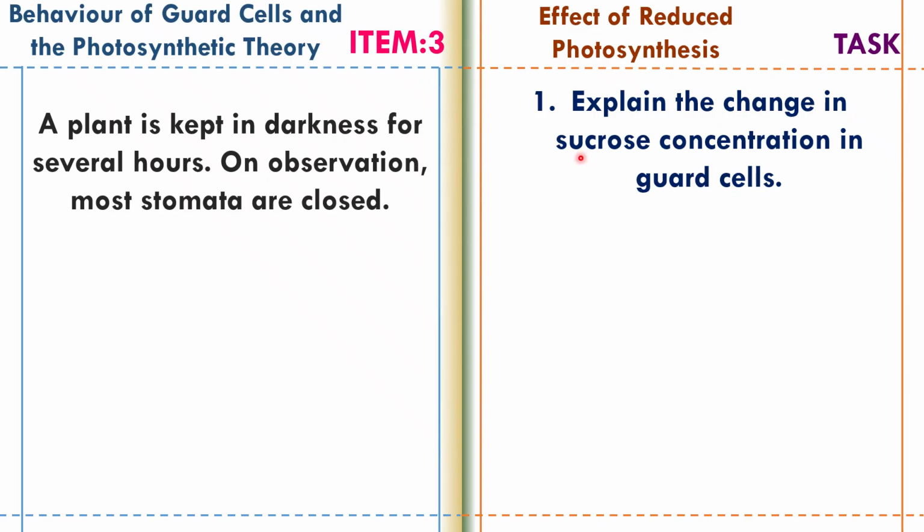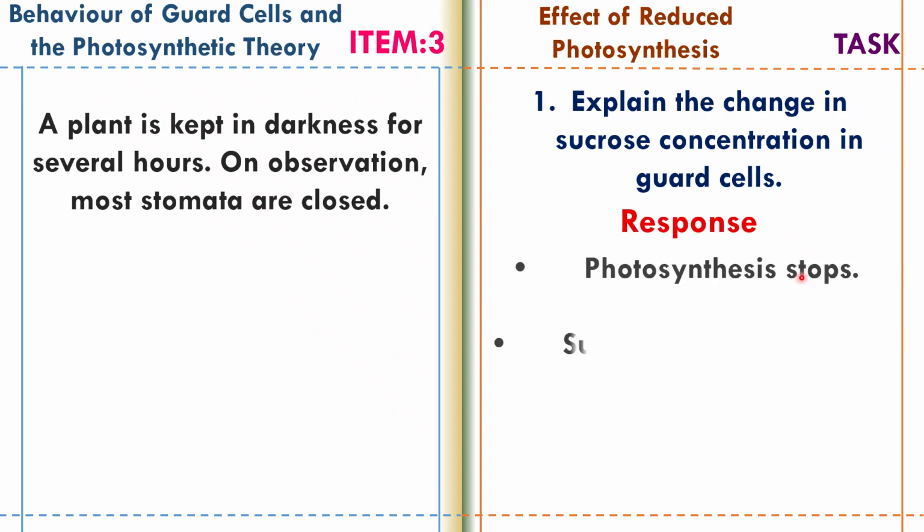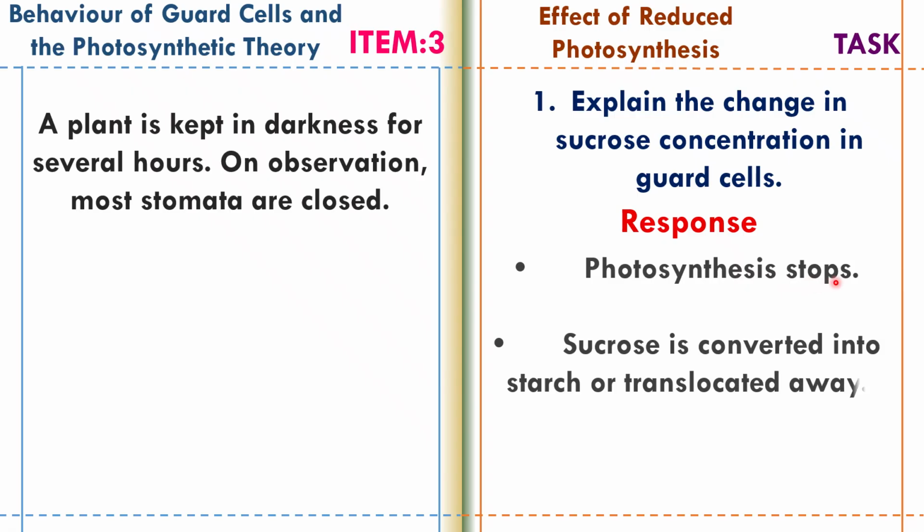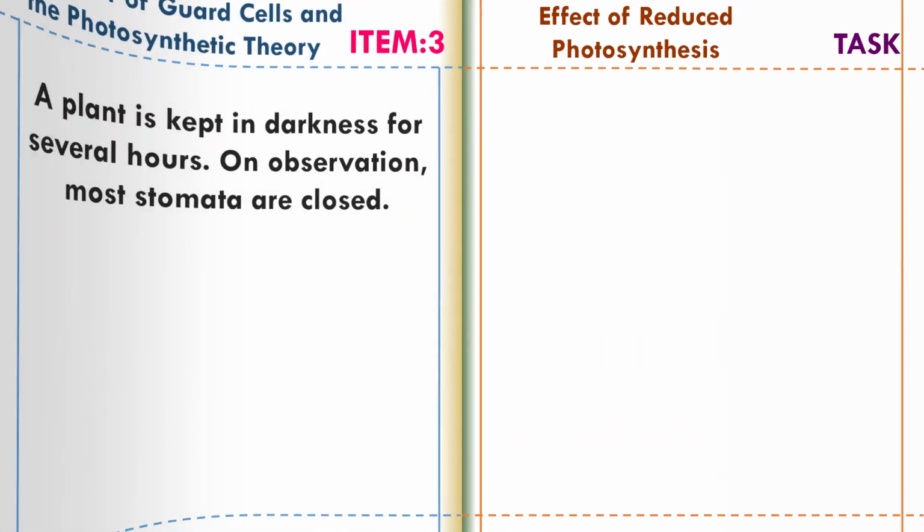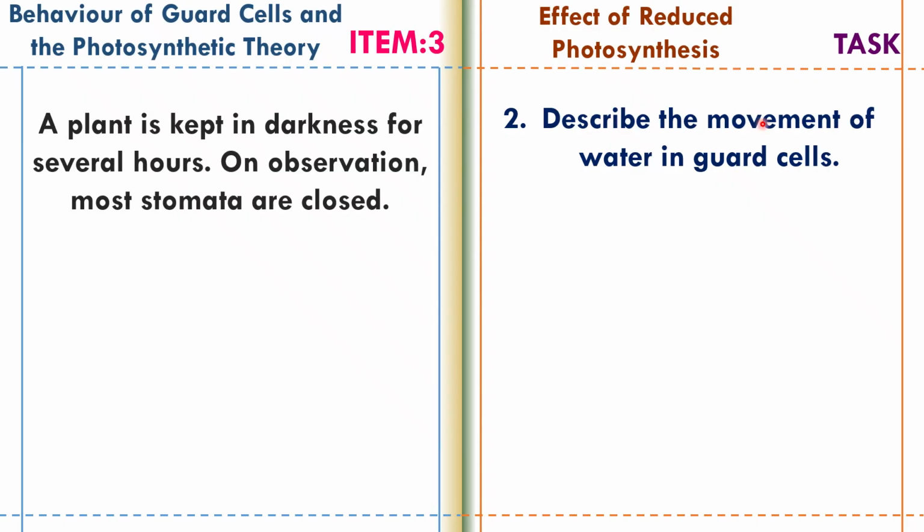Explain the changes in sucrose concentration in guard cells. Photosynthesis stops. Sucrose is converted into starch or translocated away. Sucrose concentration decreases. Describe the movement of water in the guard cells.